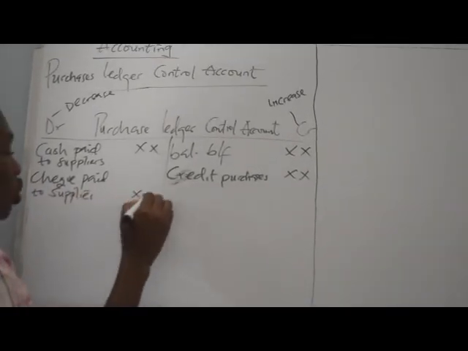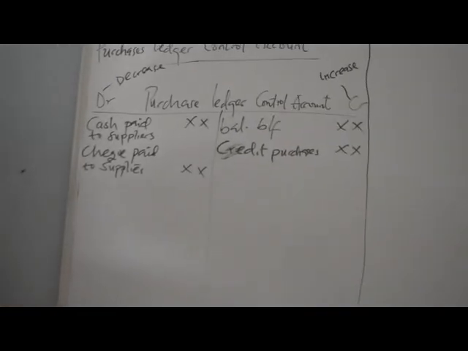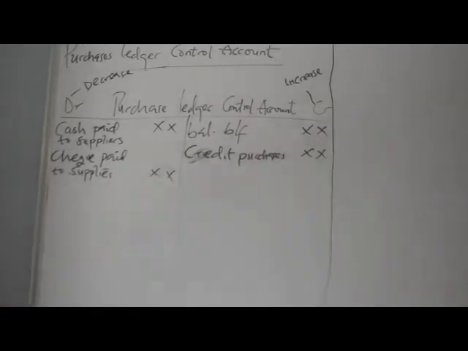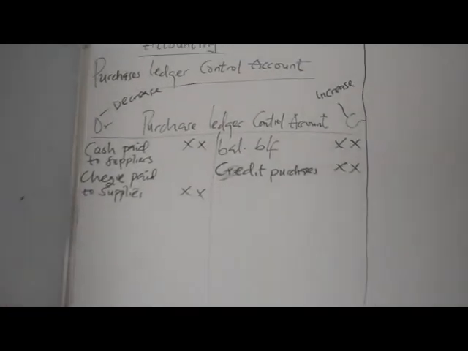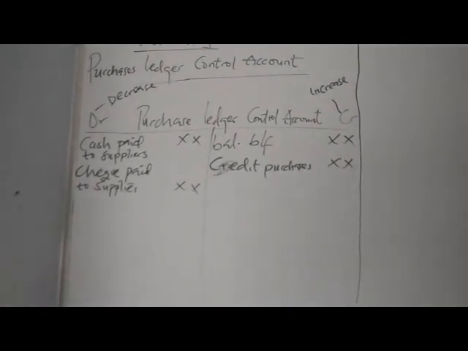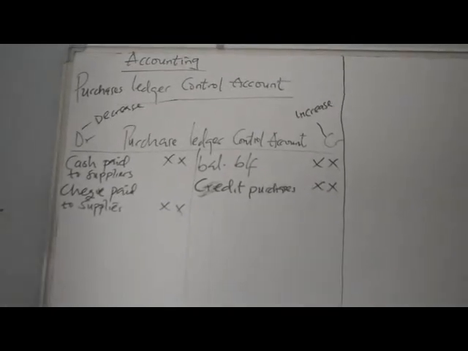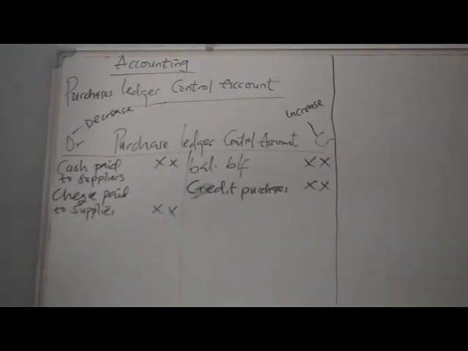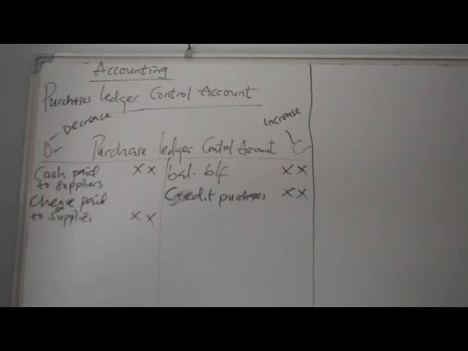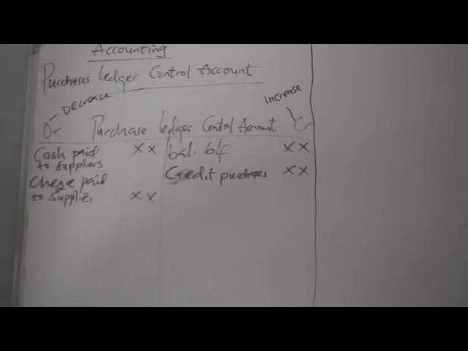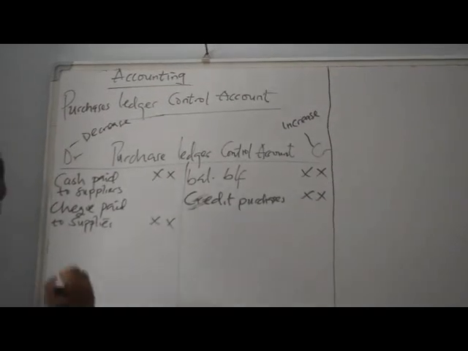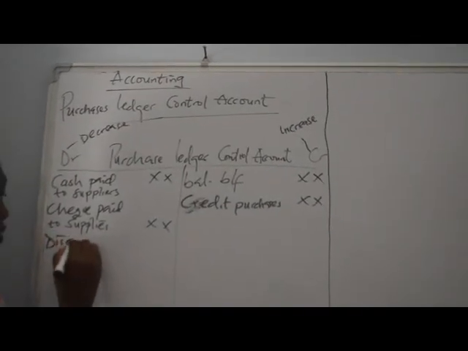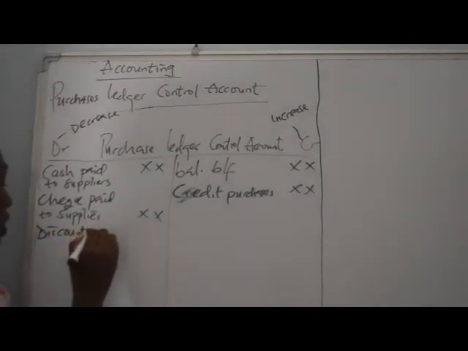Our checks paid to suppliers will be reducing the amount of money we are owing to our suppliers, so we'll be debiting that. Okay, now in purchases we have what is called discount received. All right, we are receiving from our suppliers for paying on time. All right, when we pay our bills on time, we have a discount received, and when we receive a discount, we'll be reducing the total money we are owing to suppliers. So our discount received will be debited.